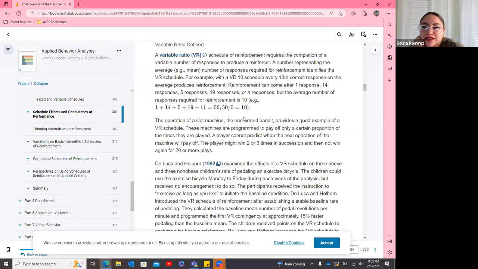Oh, wait. Okay, they're explaining it. So basically, you add up the rate of reinforcement. When they were reinforced, you add it all together and then you divide by the number of occurrences. So in this case, there are 5 numbers. They added the numbers up to 50, divided by 5, and got 10.